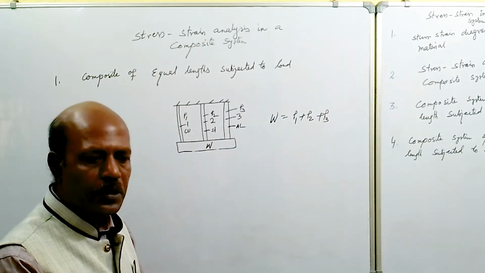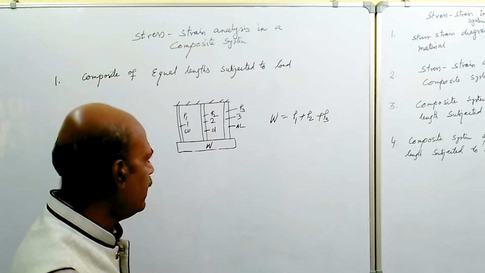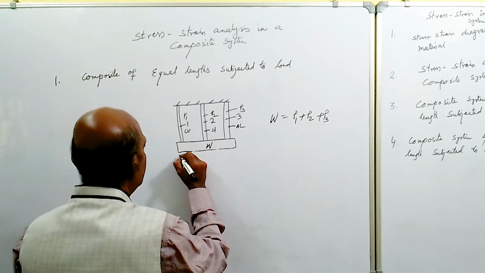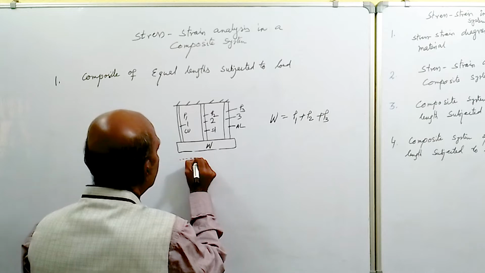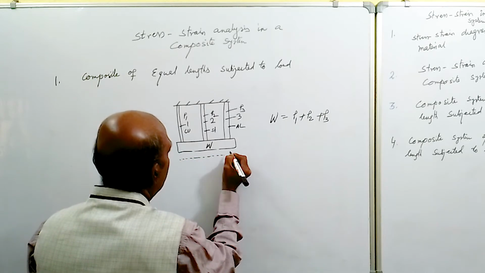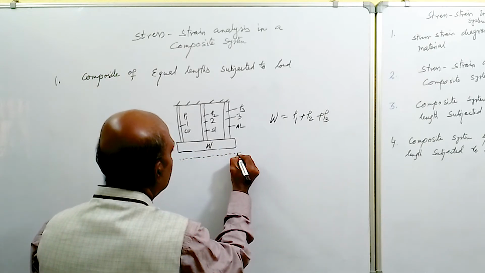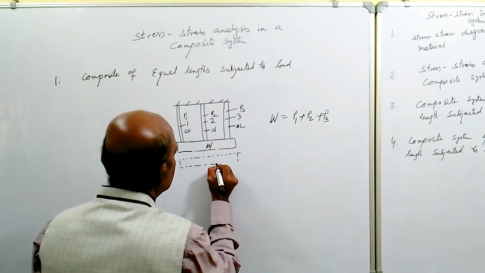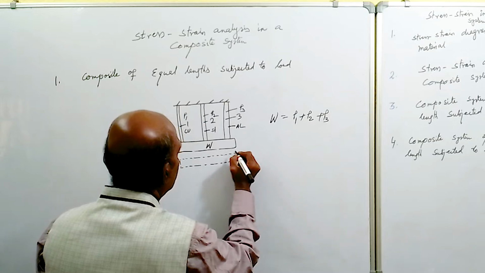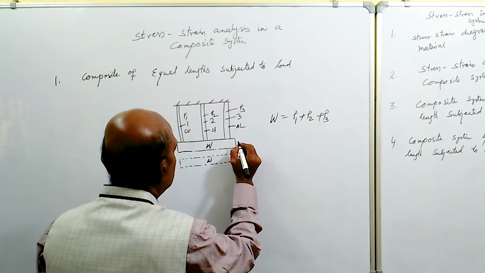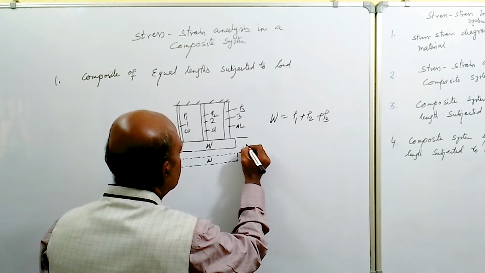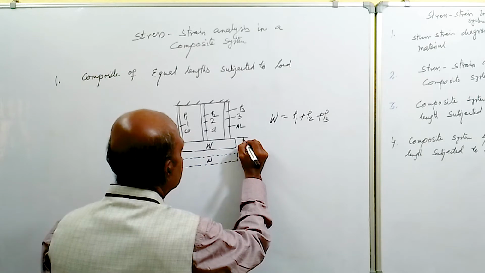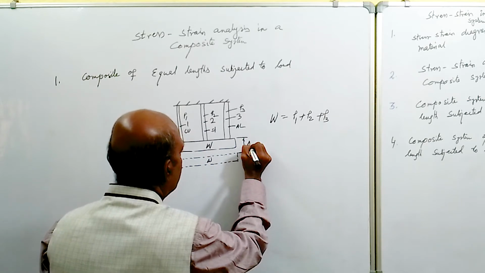And because of load W, some deformation is taking place, and this weight is lowered by some amount. Say this is the final position of this load W. It comes down by this much amount, given by delta.